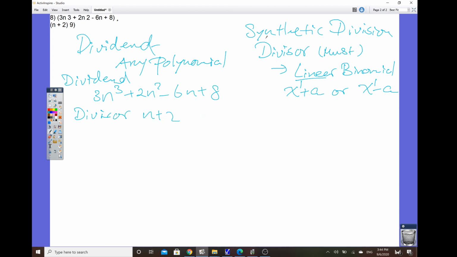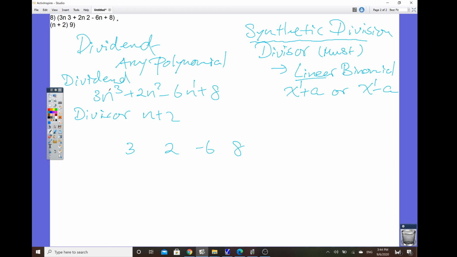For synthetic division, instead of dealing with the variable, we just take out the coefficients. For the dividend, we have 3, always from the greatest power to the least. If you see a missing term, you put in 0. So we got 3, 2, negative 6, and 8.